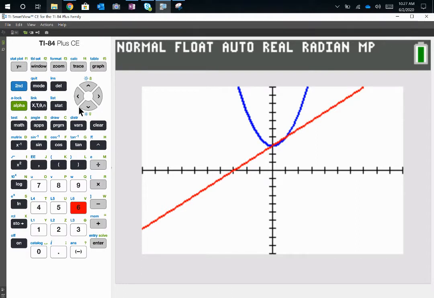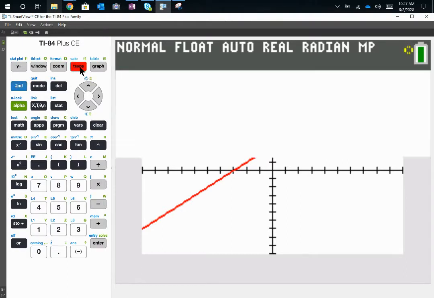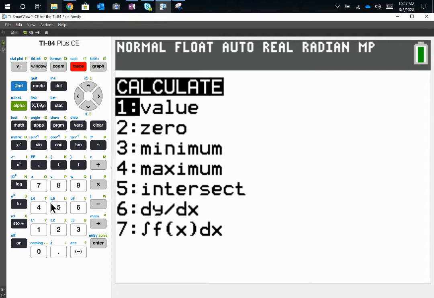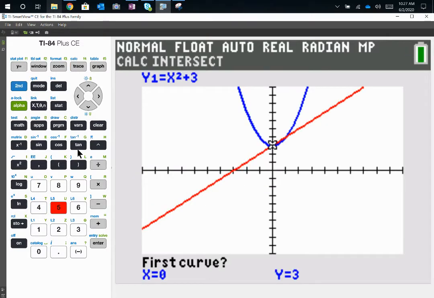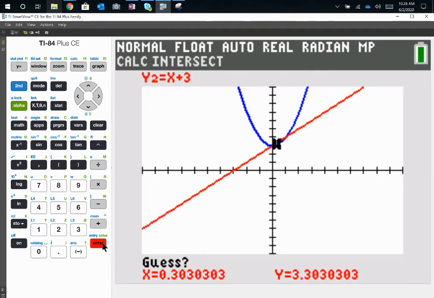All right, so to find the points of intersection on this graph, we press second, the trace button, and select number 5, intersect. To get the first intersection that we think is at 0 and 3, press the enter button 3 times. Okay, so it's going to do its best job to give you that intersection.